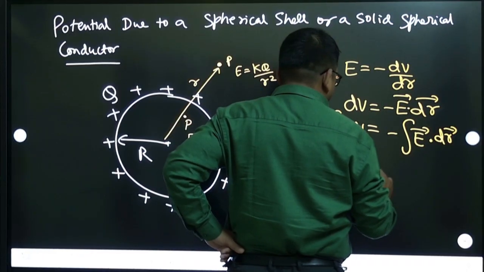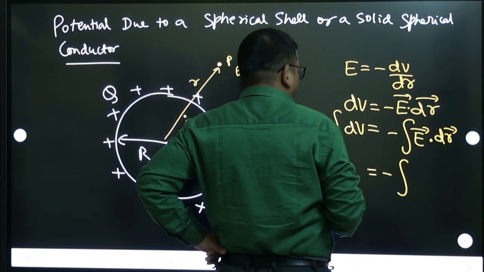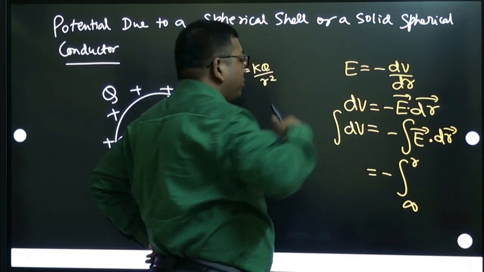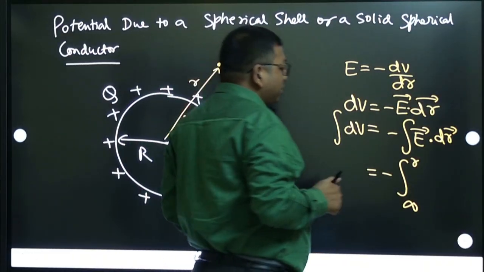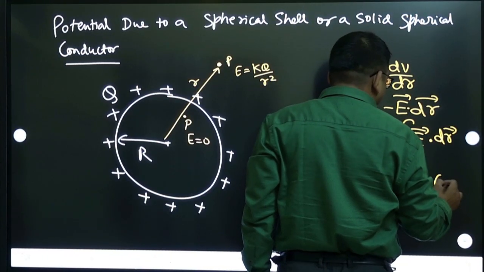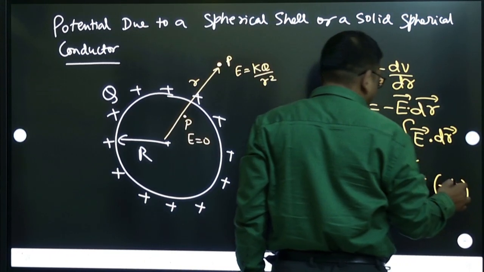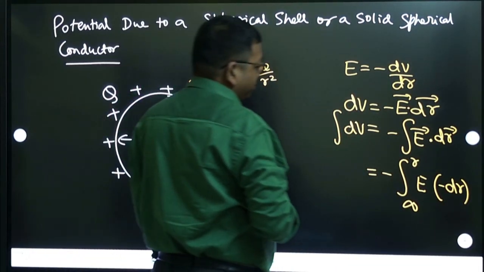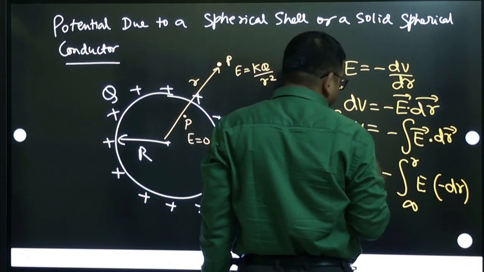Let us write that. Minus, we are going from infinity to that point. Since we are going from infinity to that point, dr is going to be decreasing, so you write e minus dr. Then minus minus will become plus.